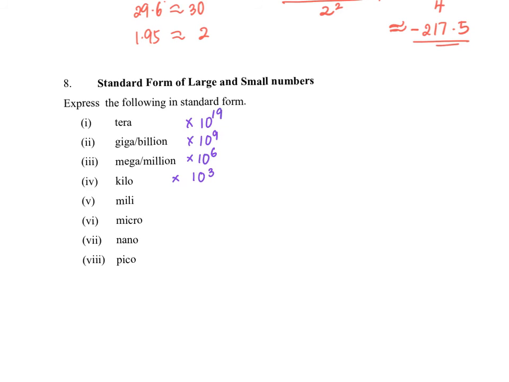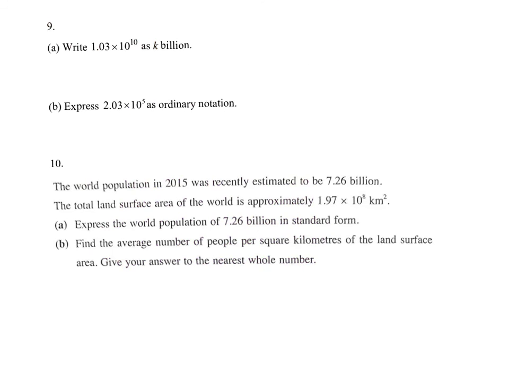Milli is small, so -3. Micro: use the microscope to see very small items, -6. Nano, can't even see. And pico, -12. These are the very basics.